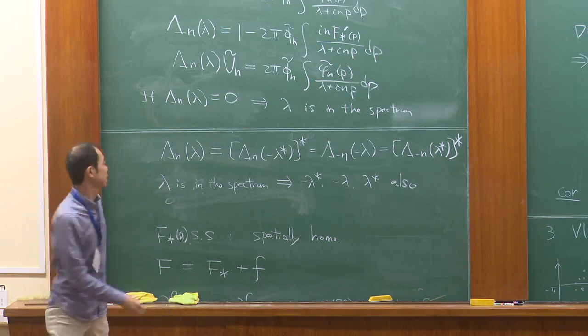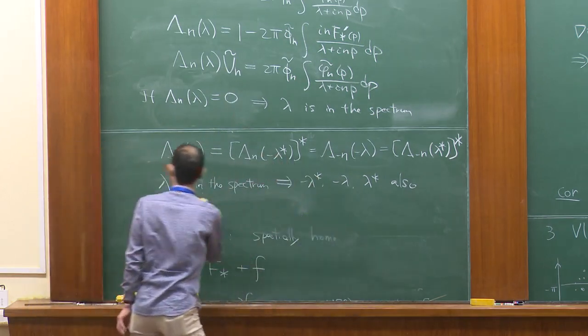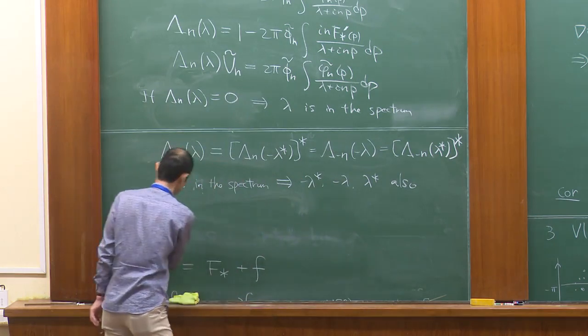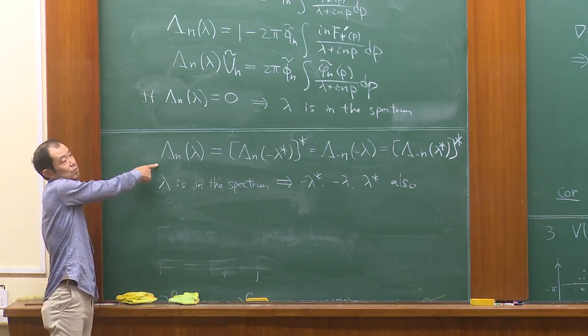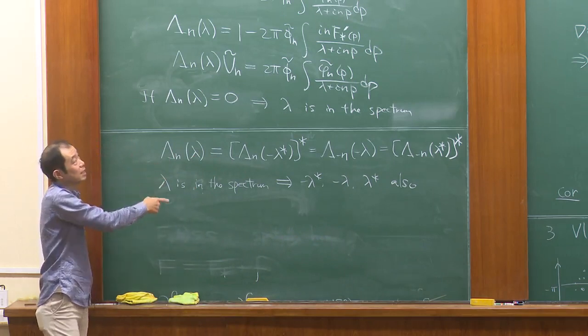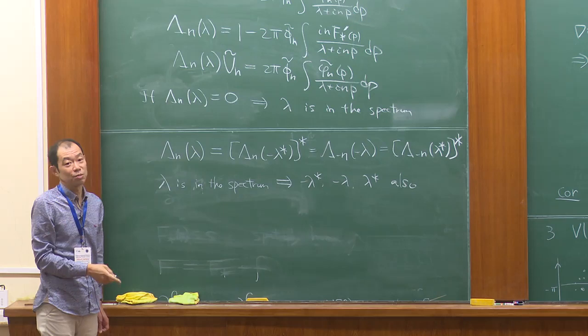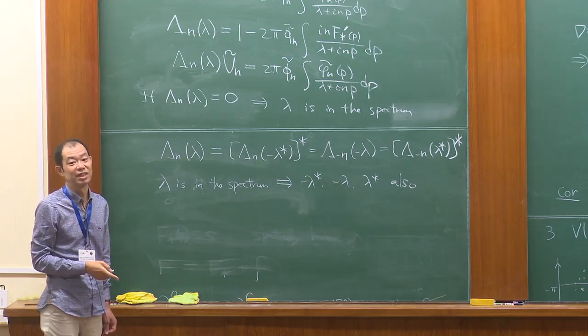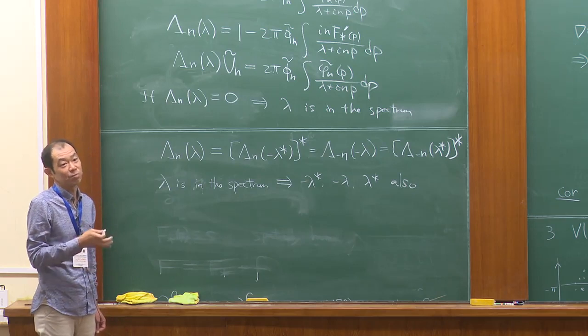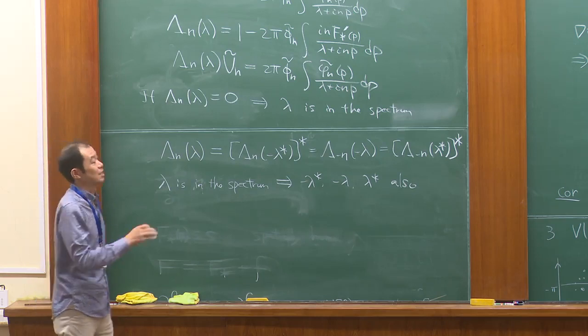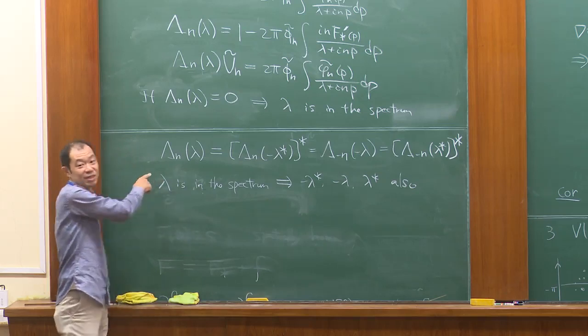So the important point of this analysis is, let's say, like this. If we have one root of this function, then the system should be unstable. So the only possibility to be stable is that there is no root of this function.